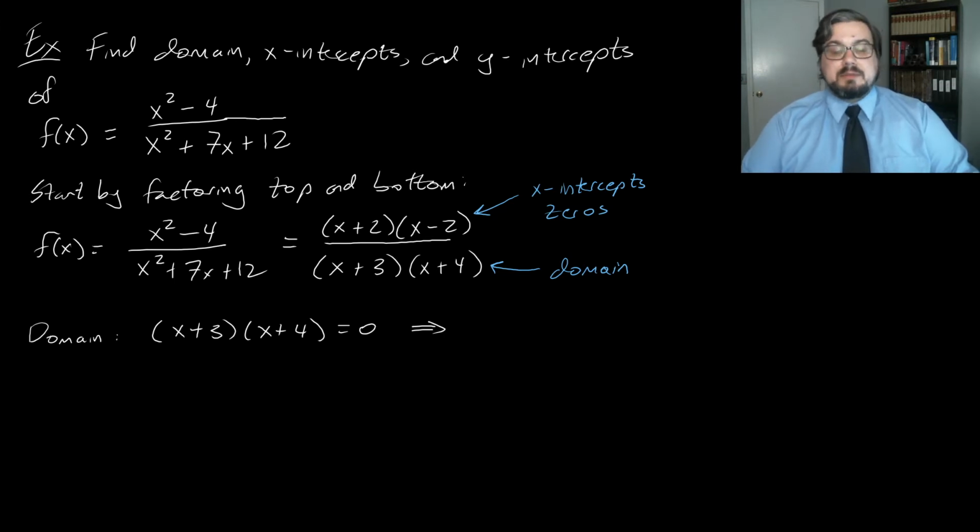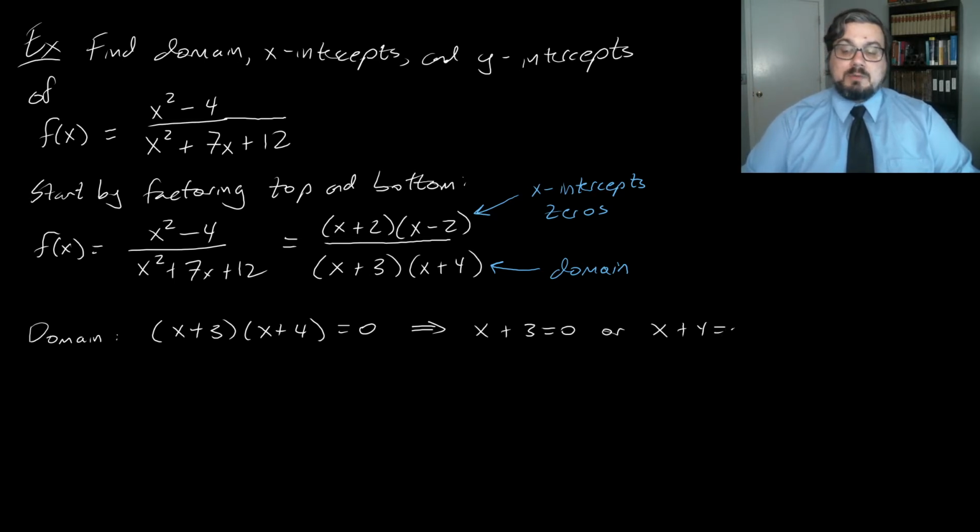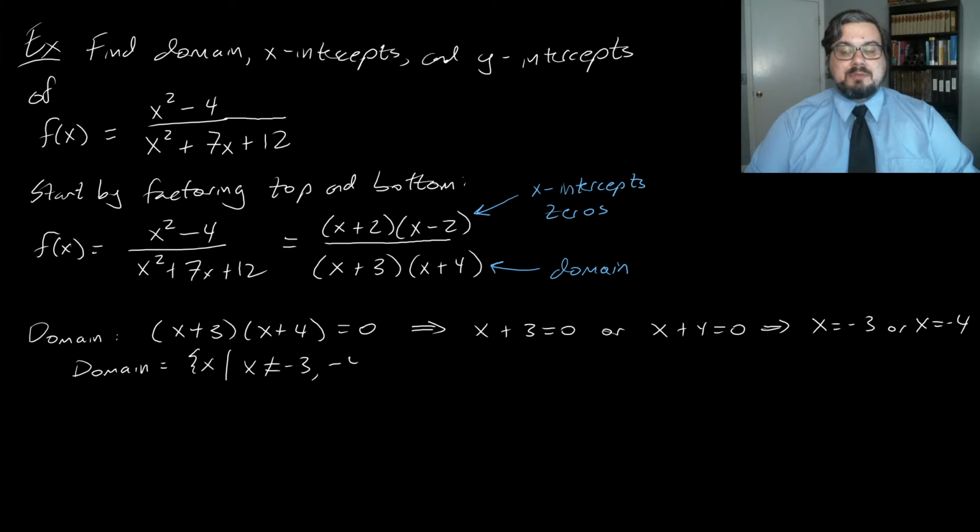And we've done this many times by now. If x plus 3 times x plus 4 equals 0, that means that x plus 3 equals 0 or x plus 4 equals 0, from which we can conclude that x equals negative 3 or x equals negative 4. So this tells us that the domain of the function is the set of all numbers x such that x is not equal to negative 3 or negative 4.